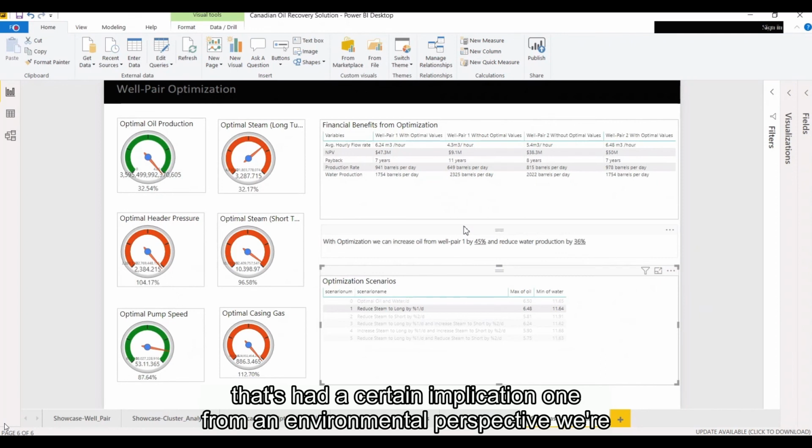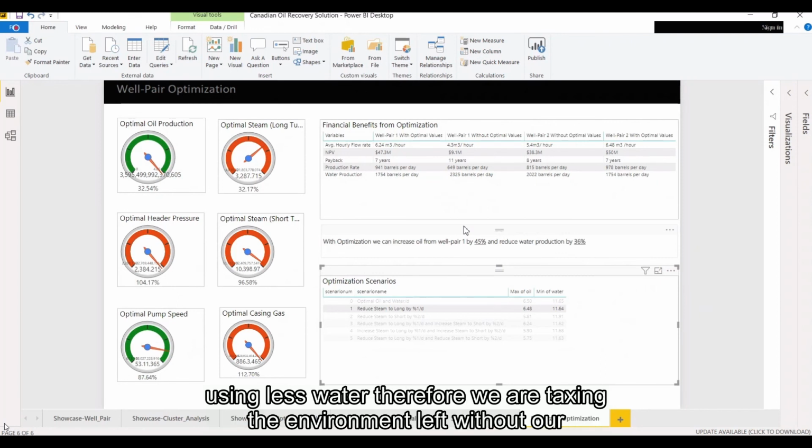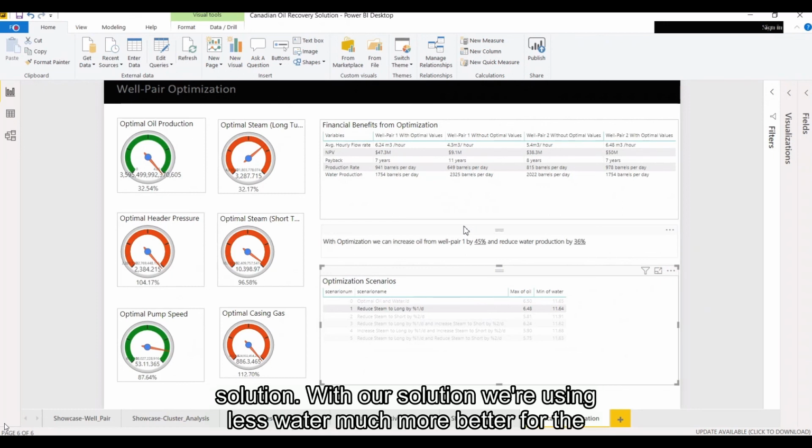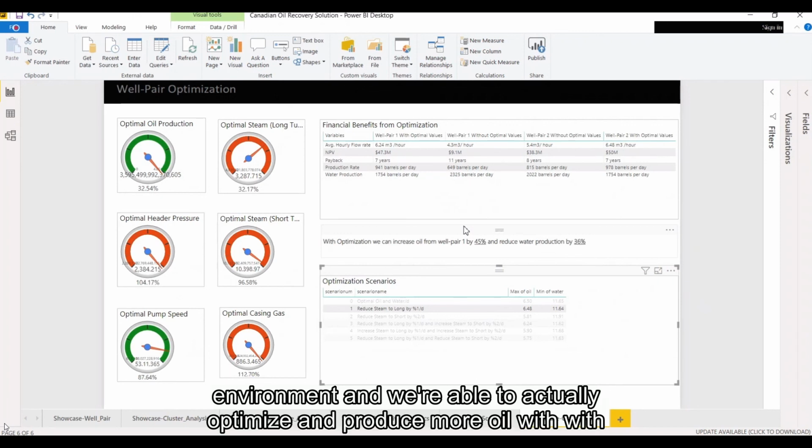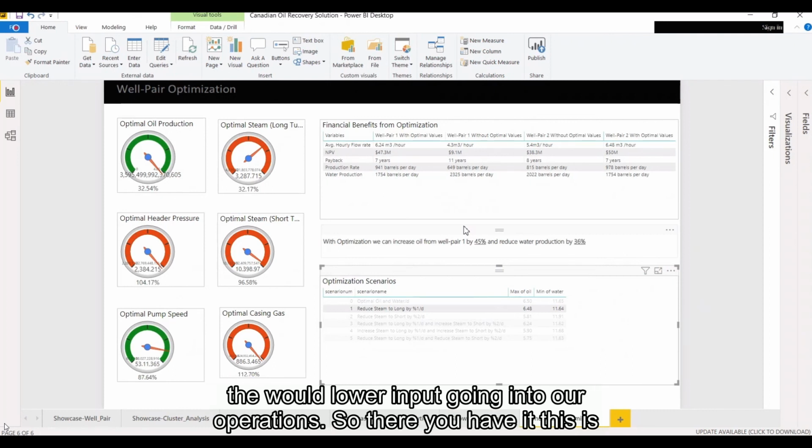And this has certain implications. One, from an environmental perspective, we're using less water, therefore we're taxing the environment less. With our solution, we're using less water, which is much better for the environment, and we're able to optimize and produce more oil with lower input going into our operations.